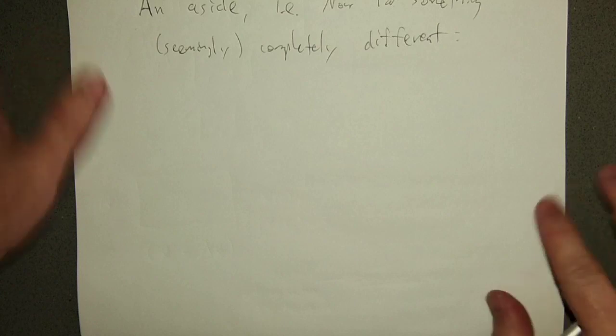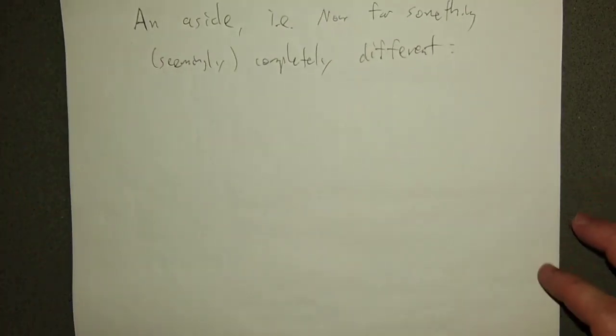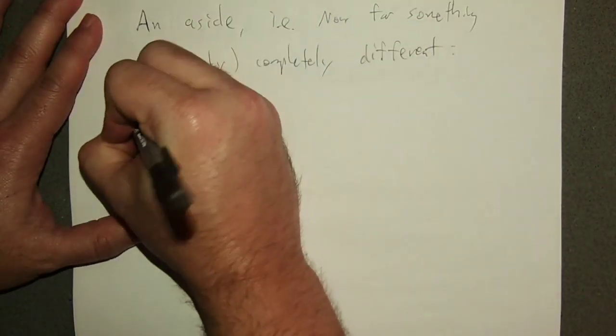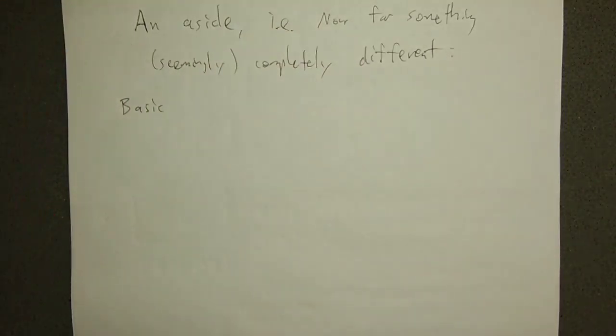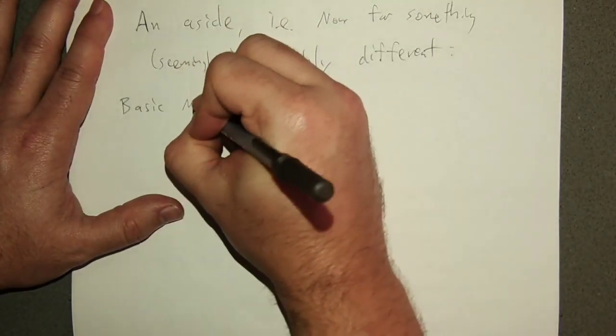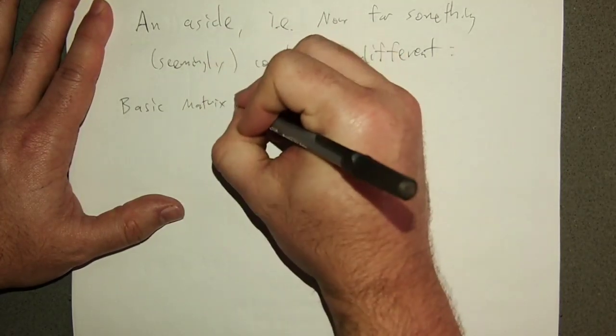Okay, let's go over some basic stuff about matrices. I'm probably going to forget some stuff that you might not know, depending on your level of comfort with matrices in general, or matrices and vectors in general. So basic matrix vector stuff.